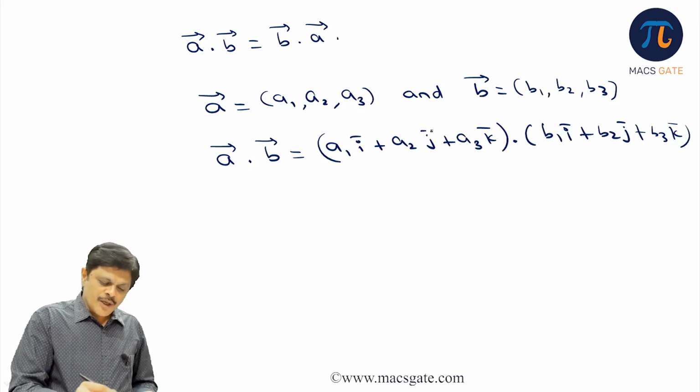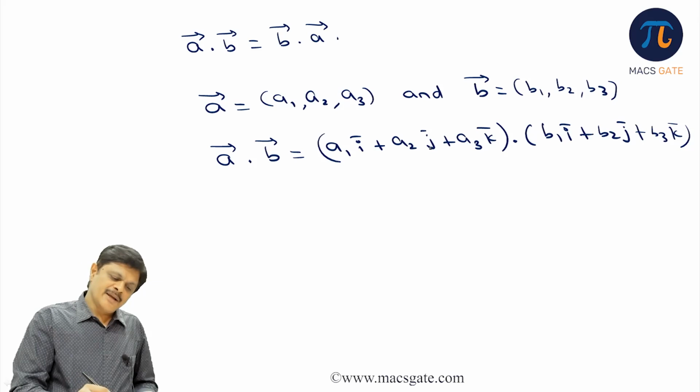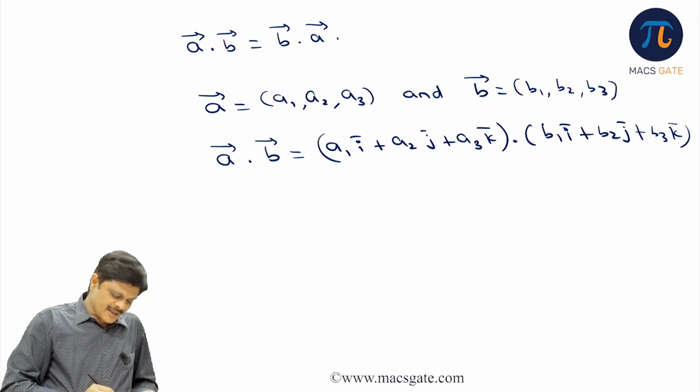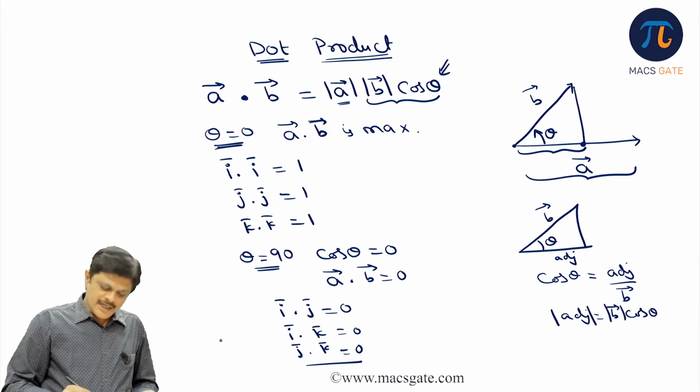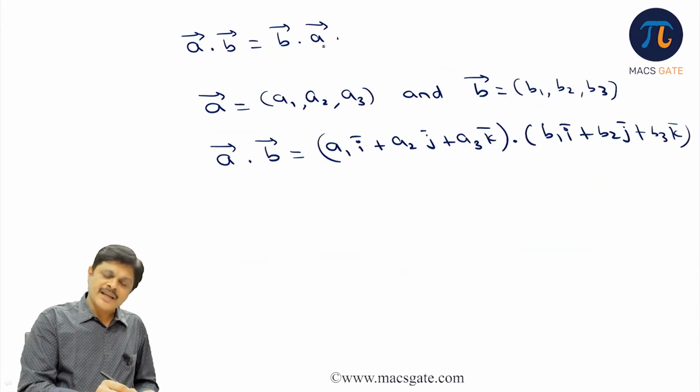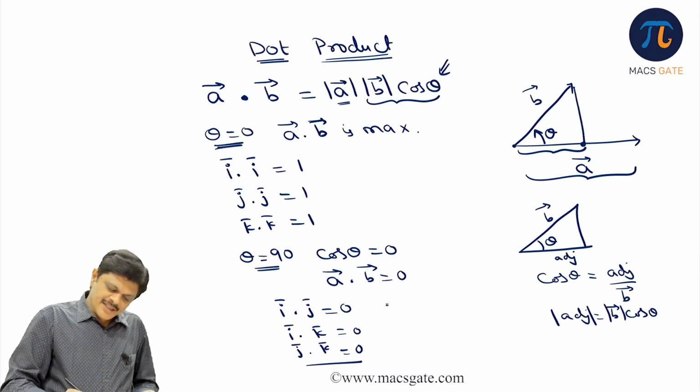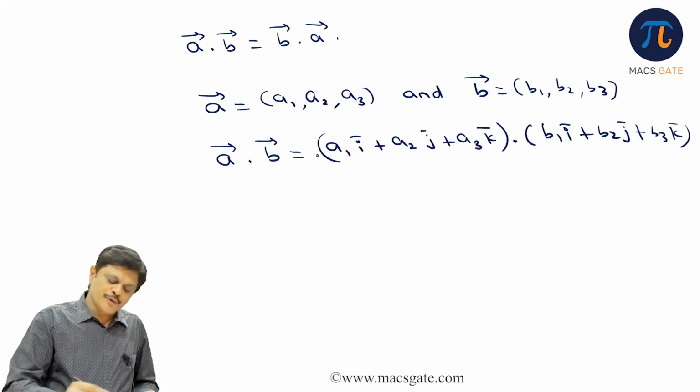So when you do this dot product, I dot J, I dot K, J dot I, J dot J, J dot K, you are going to get. Out of all that, only I dot I is 1, but I dot J, I dot K are all zeros. And because of this commutative property, A dot B is B dot A, even J dot I are all zeros only. This K dot I also 0, and this K dot J also 0. That is what is left when you do the dot product.